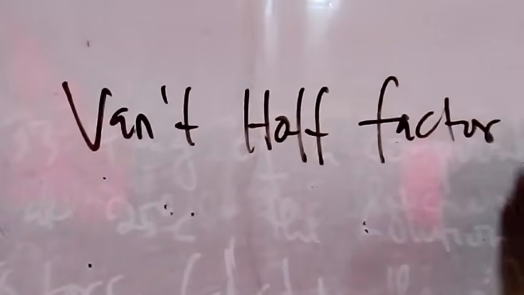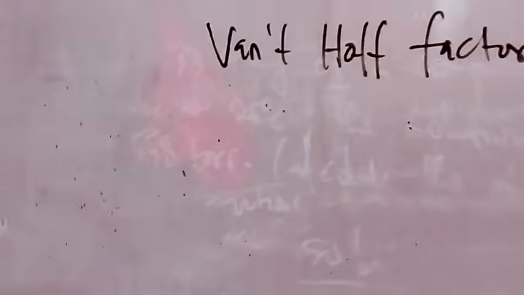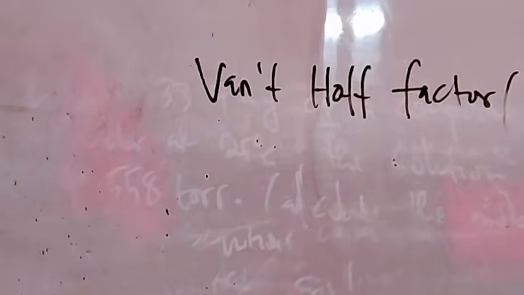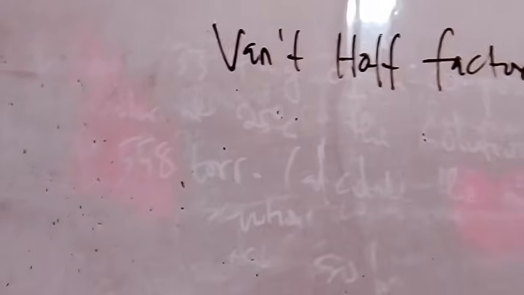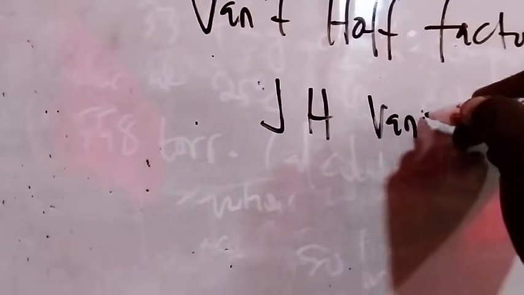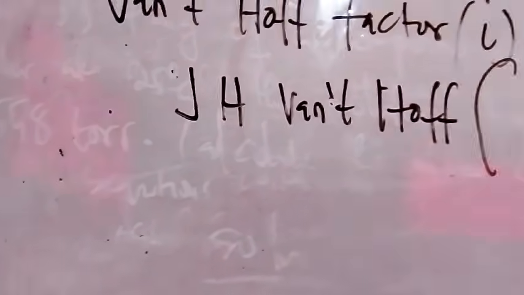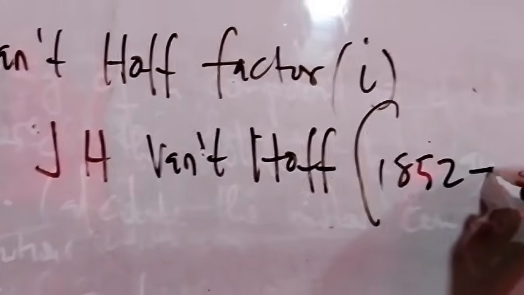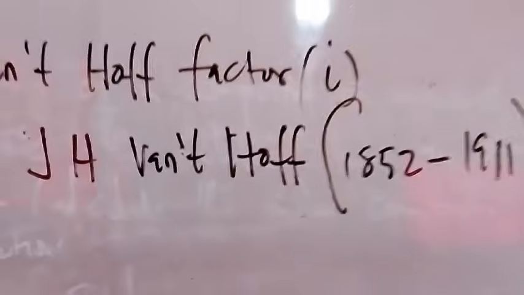Van 't Hoff was the name of a Dutch chemist, J.H. Van 't Hoff, 1852 to 1911.